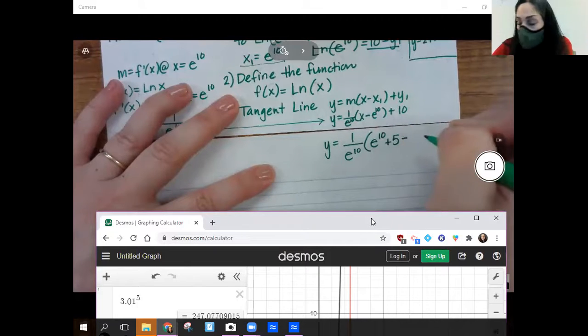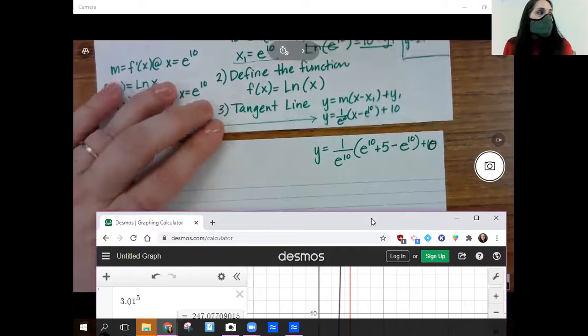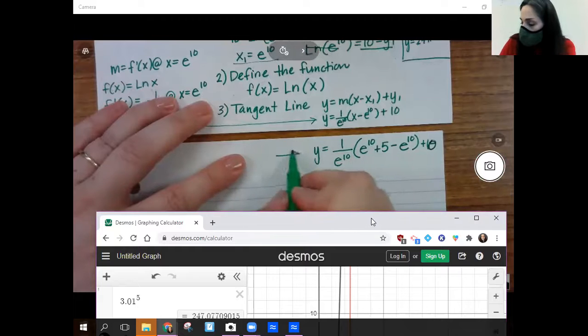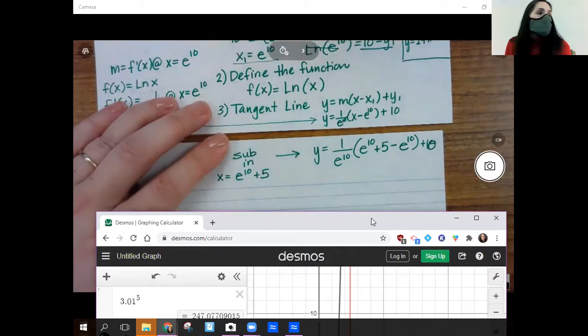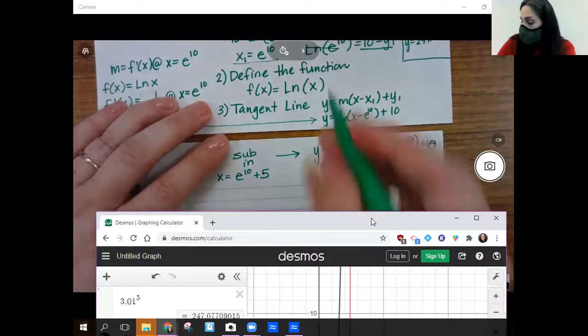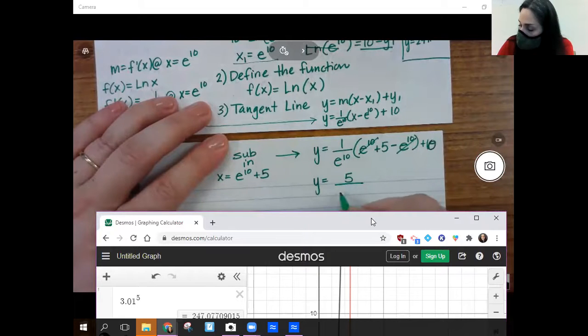And then minus e to the 10th, plus 10. Okay, so this step right here, sub in e to the 10th plus 5. All right, so what happens here and here? Cancel. You're left with 5 over e to the 10th plus 10.